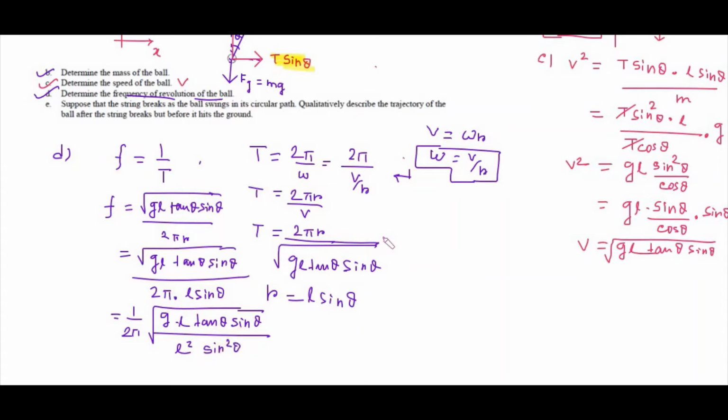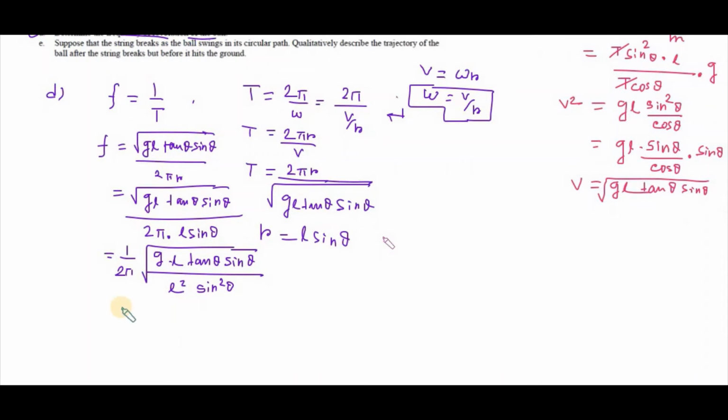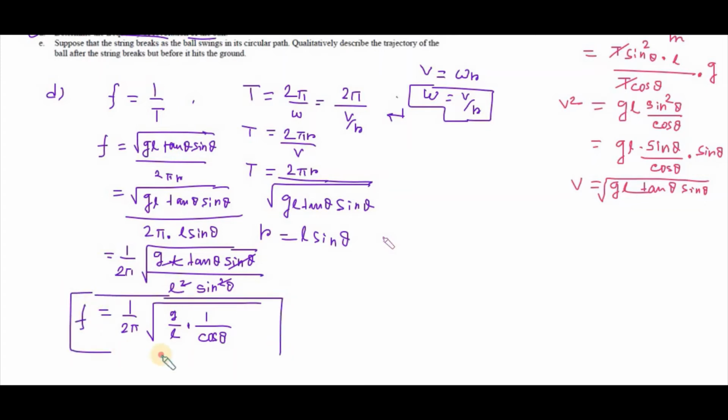Outside of the root, if it is going inside of the root, we have to make the square. 1 by 2 pi, then 1 L is eliminated and 1 sine theta is eliminated. Tan theta we can write as sine theta by cos theta, that means it will remain 1 upon cos theta only. So that would give the frequency. That's the expression of the frequency in terms of the given parameters.